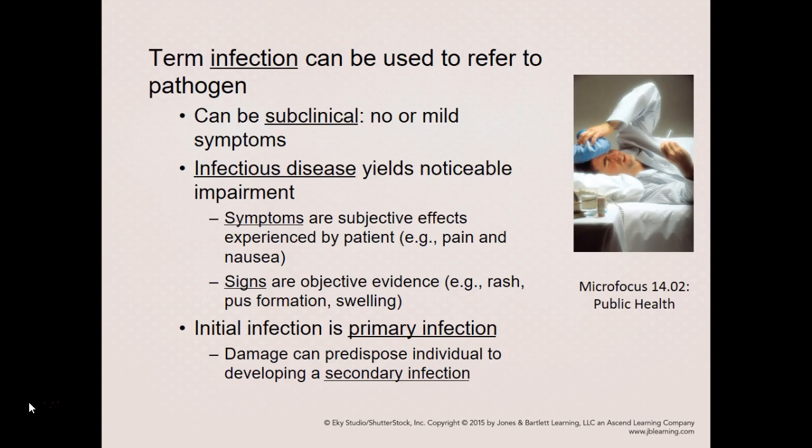Infections can be subclinical. So if it's a subclinical infection, you don't have many symptoms. You may have no symptoms, but you can still be passing on a disease. If the infection becomes a disease, then you definitely have symptoms of some sort, be it pain, nausea, dizziness, tiredness.